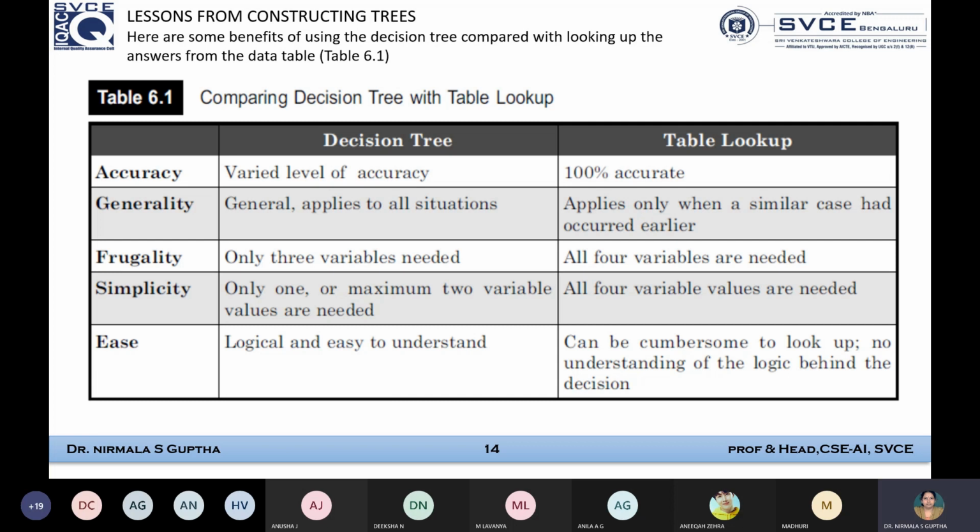C4.5, as I said, is an iterative algorithm, and it is also called the ID3 algorithm. CART is an abbreviation for classification and regression tree algorithm. These are the basic algorithms used to construct the popular decision trees.